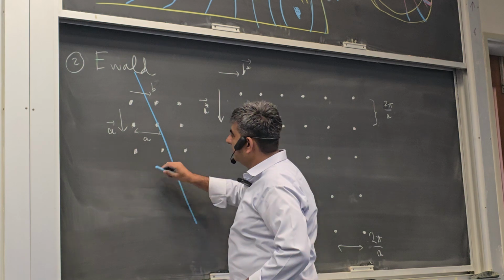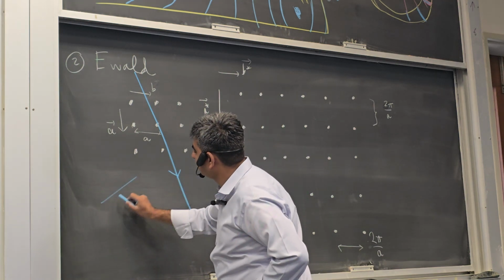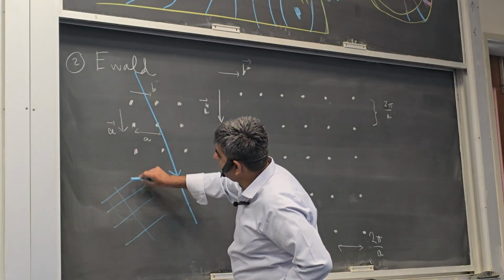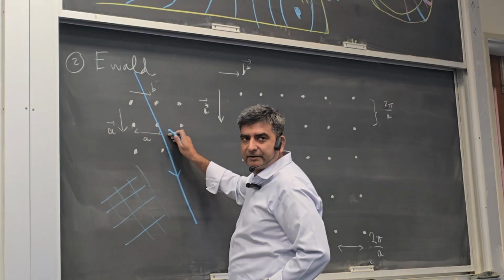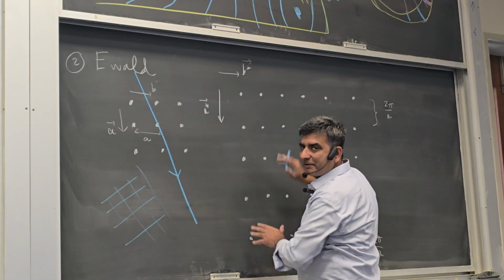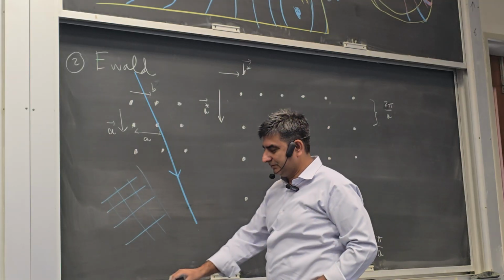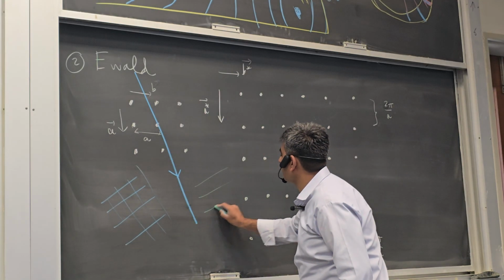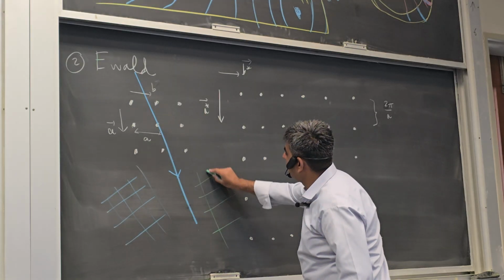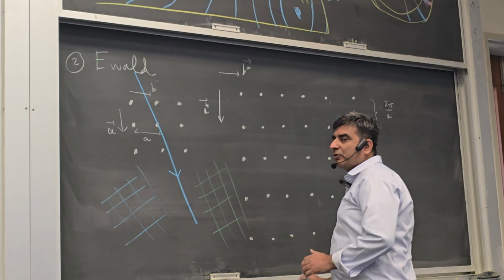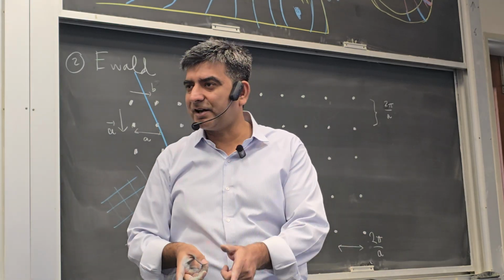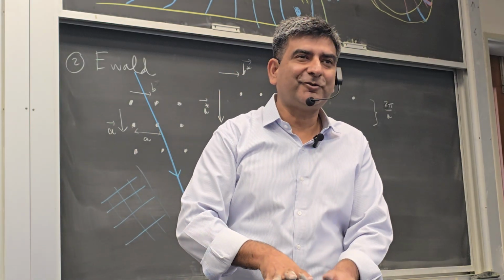If this direct lattice were to be tilted, this will also be tilted, right? So the reciprocal lattice works in tandem with the direct lattice. If I tilt AB vectors, A star, B star vectors will also be tilted correspondingly.